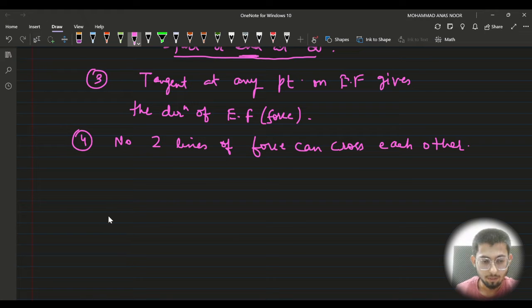Let's say someone gives you a picture like this. This is an electric field, E1, and this is another electric field. Is this a valid electric field?